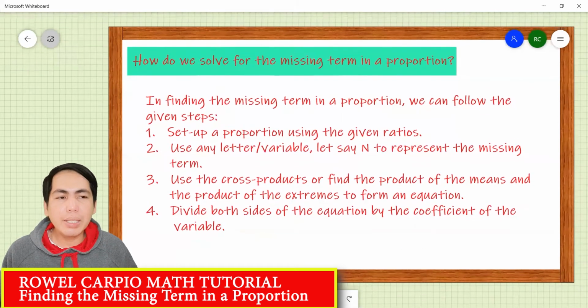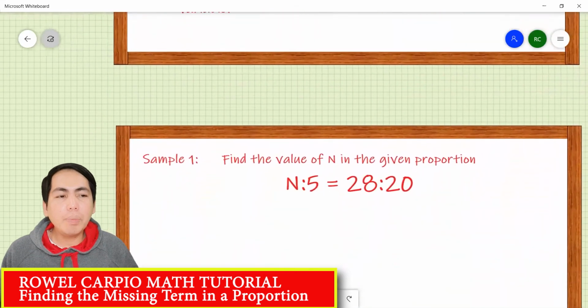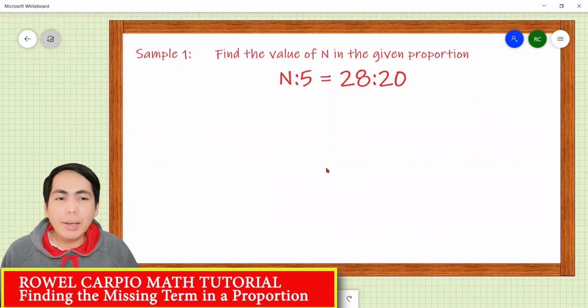So let us have examples. We have here sample number 1. Find the value of n in the given proportion. So we have here n:5 equals 28:20. So we have to identify the product of the means and the product of the extremes.